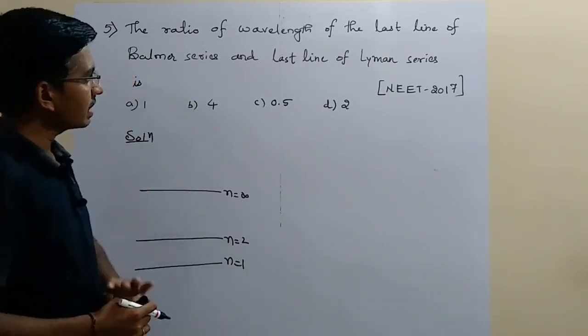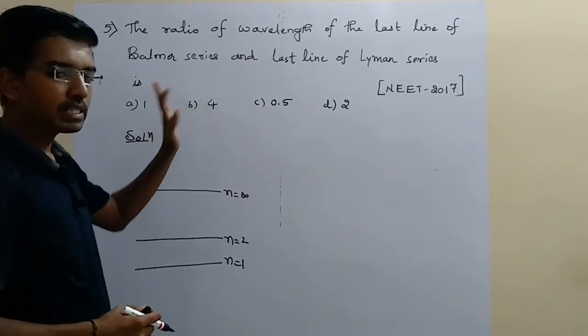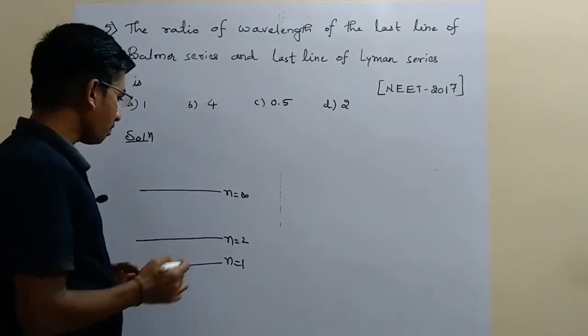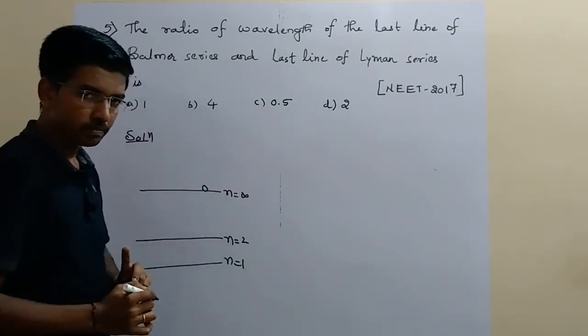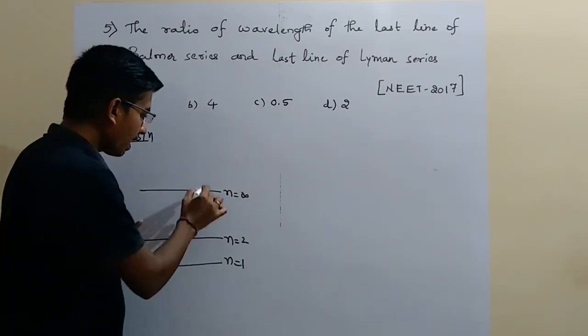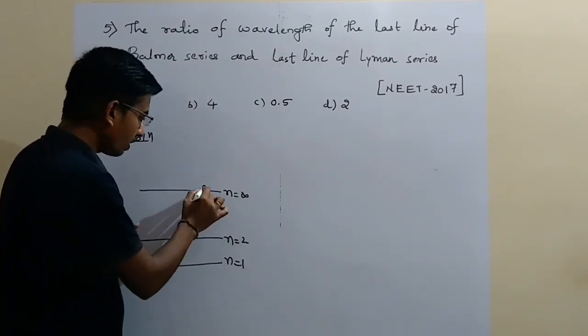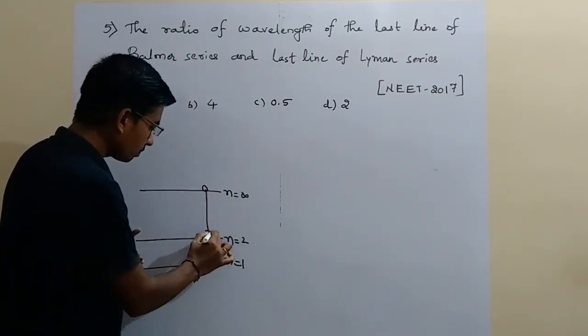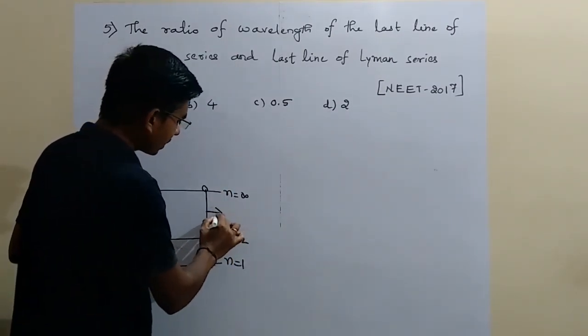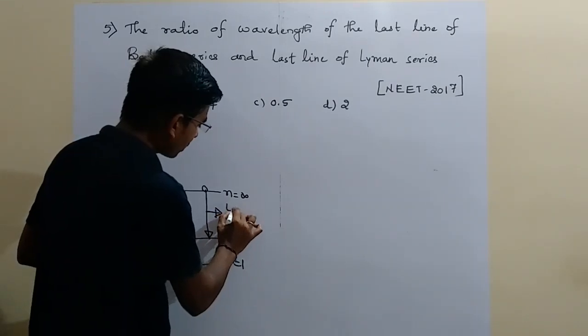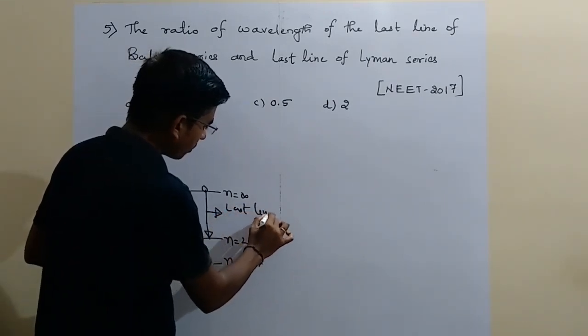First I will consider the last line of Balmer series. For example, the electron is in this state, that is n is equal to infinity. If this electron makes a transition from n is equal to infinity to n is equal to 2, it gives a spectral line. That spectral line is nothing but the last line of Balmer series.